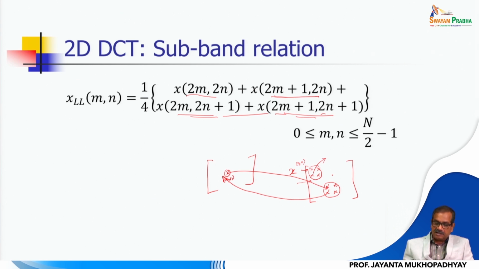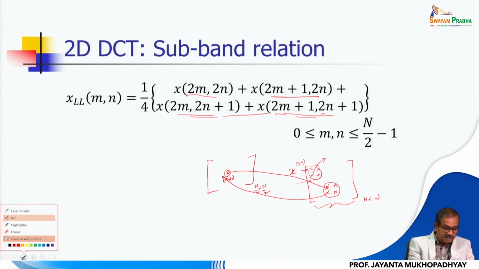Now what happens in the DCT coefficients? Suppose I take the DCT coefficients of this array, which is a larger array of size n cross n, and this one is n by 2 cross n by 2. So how are they related? Subband DCT theory deals with that, and it provides useful, practical results.